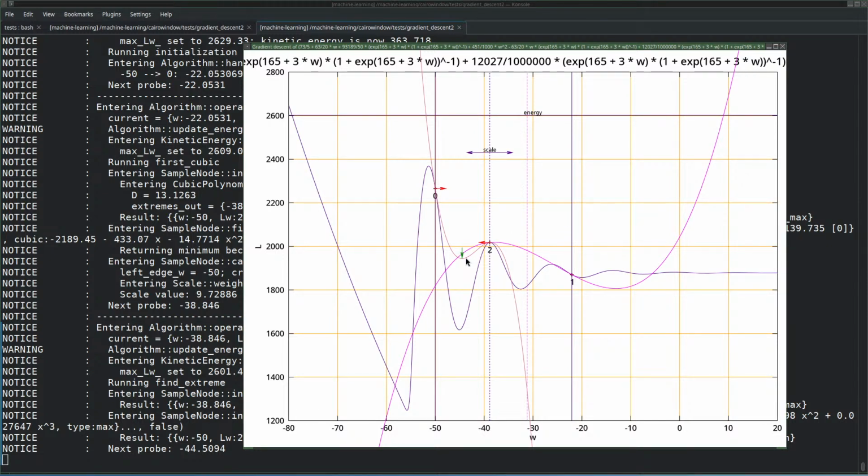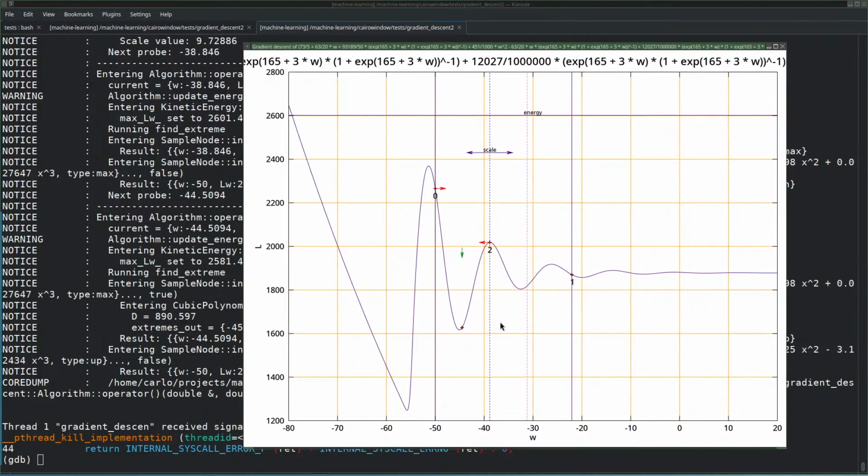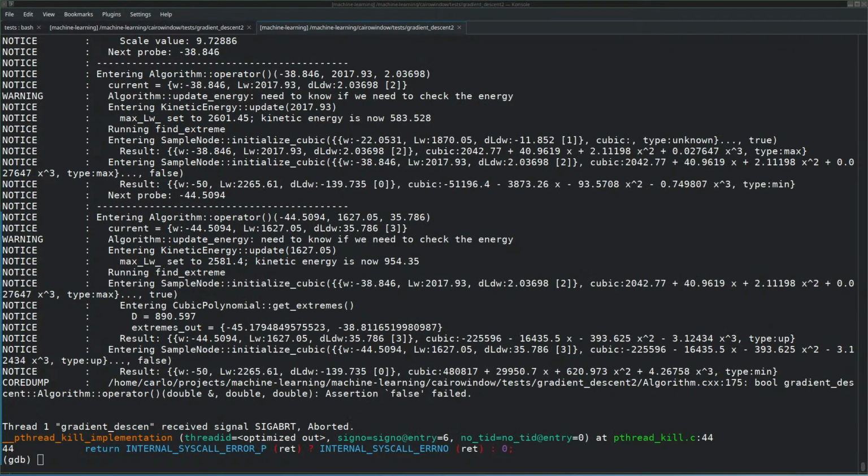It is doing the same thing and wants to jump to this minimum, although now for a different reason. Yeah, that's interesting. It stops now. That is different from before.